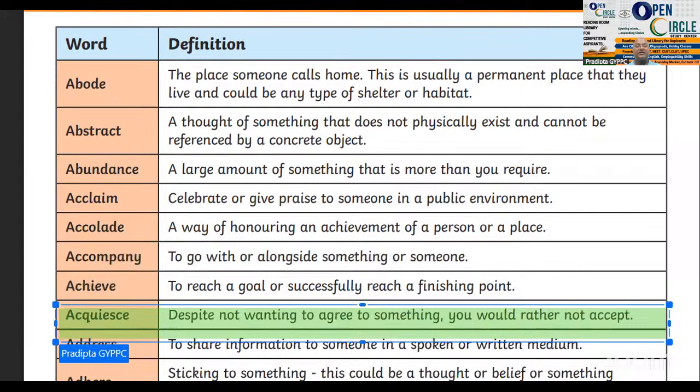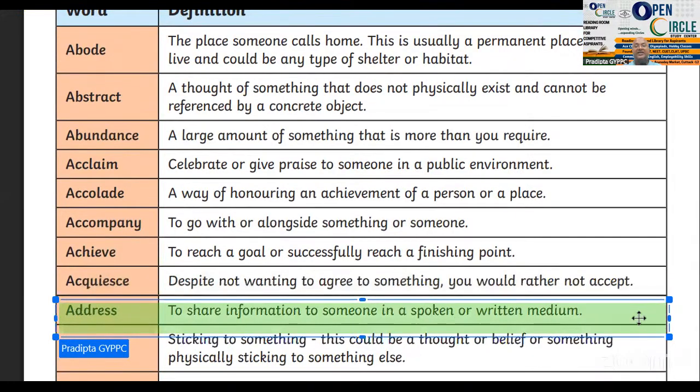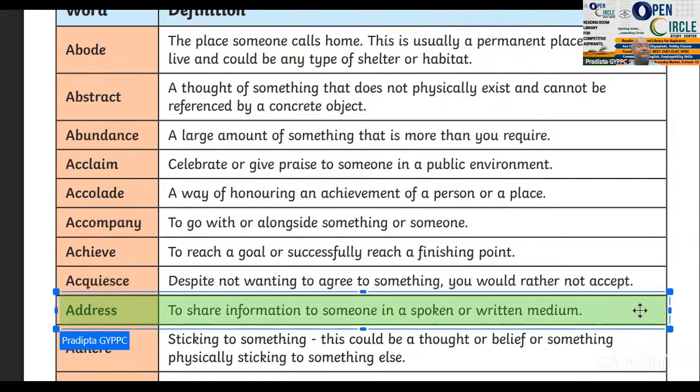It's a verb. The next word is acquiesce. A-C-Q-U-I-E-S-C-E. Acquiesce means तुम चाहते नहीं होगे फिर भी हाँ भरते हो. That is called acquiesce. I acquiesced to the proposal even if I didn't like it. मैंने प्रपोजल को हाँ किया हालांकि मैं पसंद नहीं करता था.